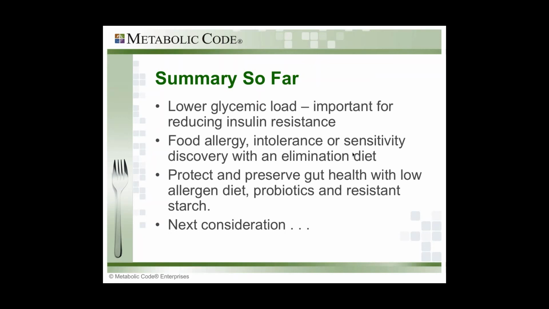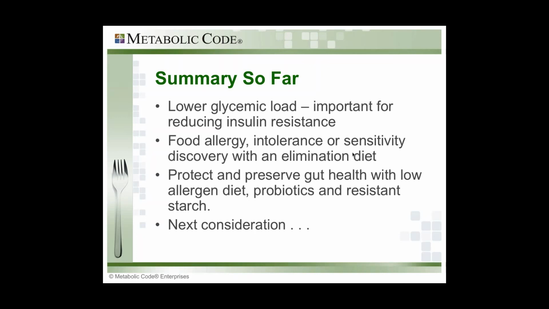Okay, so the summary so far: what you do in the diet that is helpful for optimal thyroid function is make sure to address other metabolic factors such as insulin resistance. In diet, what we do for that is take the glycemic load down.